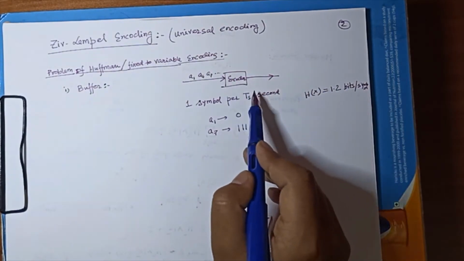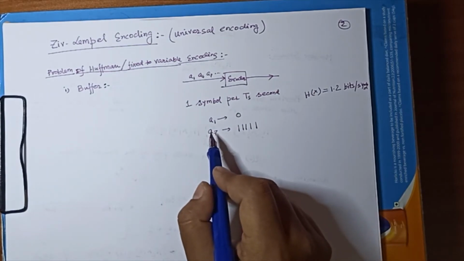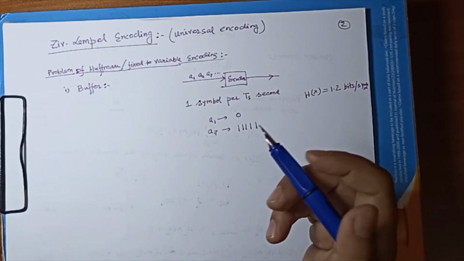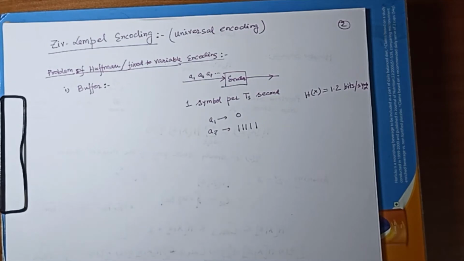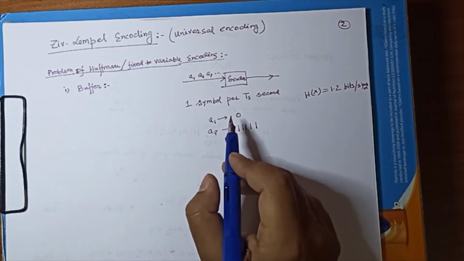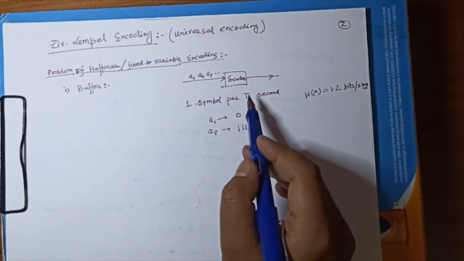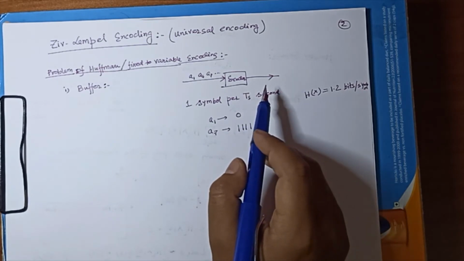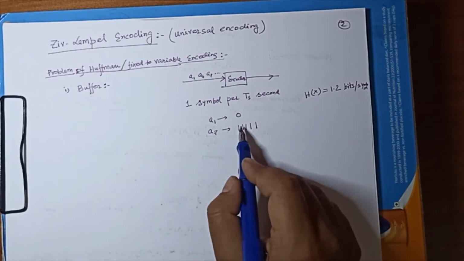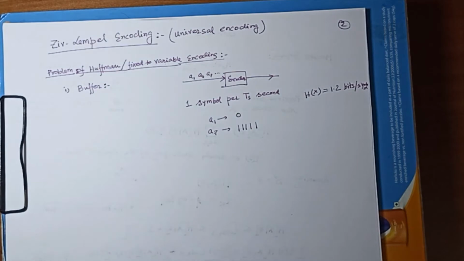So you need a big buffer, and suppose this A7 occurs twice back to back. Whatever low probability that is, there is a possibility, right? So you have to have a buffer size of 10 bits. And this is not only 5, this can be really big. When you have larger symbols, you have seen how the binary tree grows in Huffman encoding.